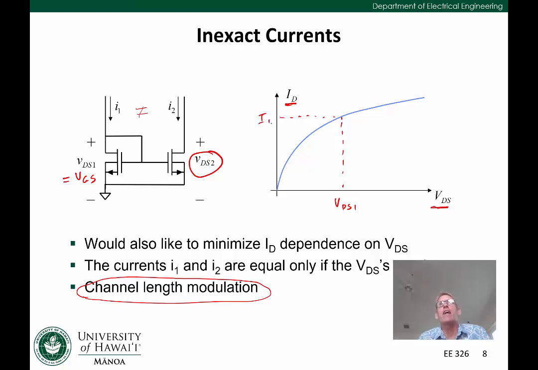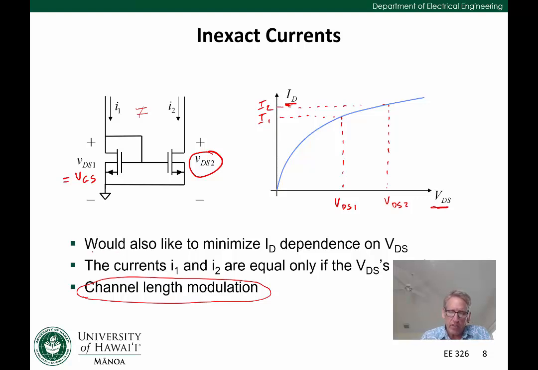Now, if VDS2 is not equal to VDS1, it might be out here, for example. And we can see that the corresponding current would be up here, and this would be I2. So you can see in this example that for this particular transistor, I2 and I1 are going to be different.